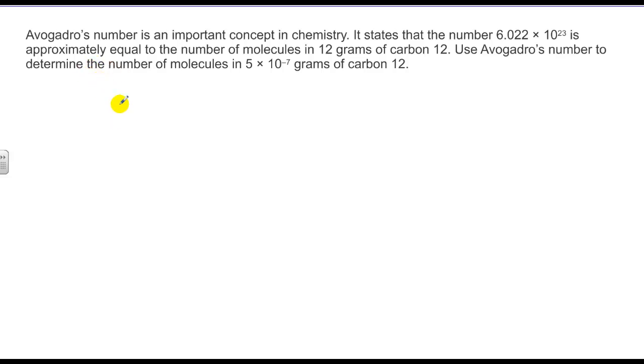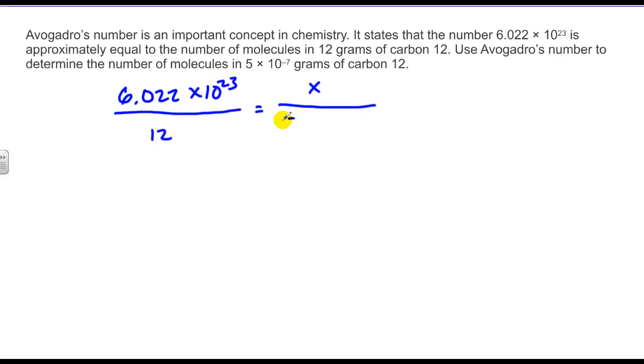I can say 6.02 times 10 to the 23rd is to 12 as how many molecules is to 5 times 10 to the negative 7th. Just a proportion.